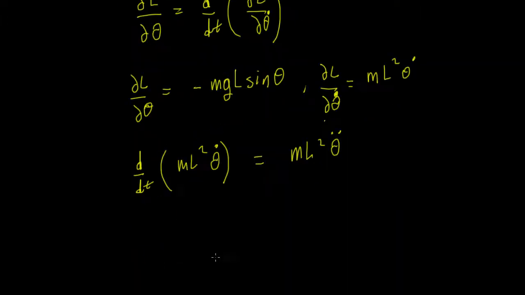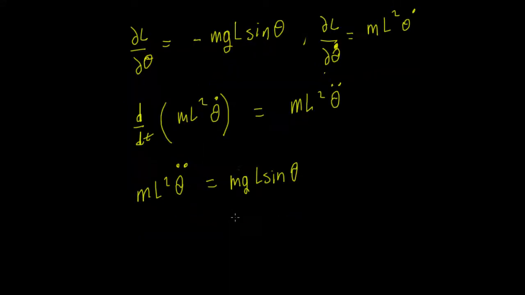Now we equate both of those. We're left with m L squared theta double dot equal to minus mgL sine of theta.